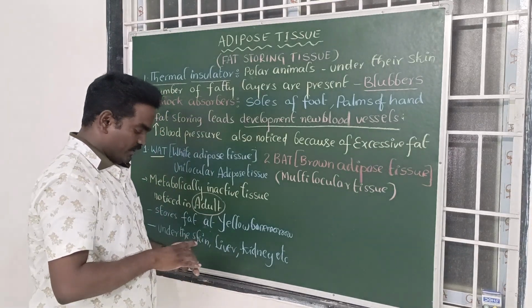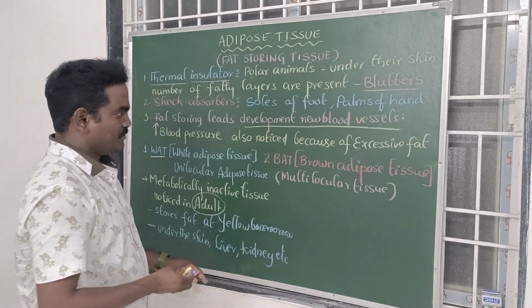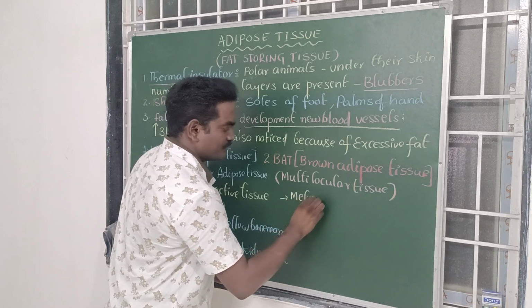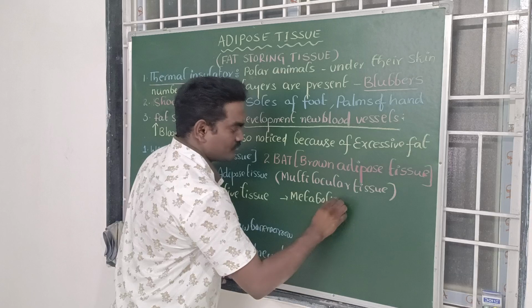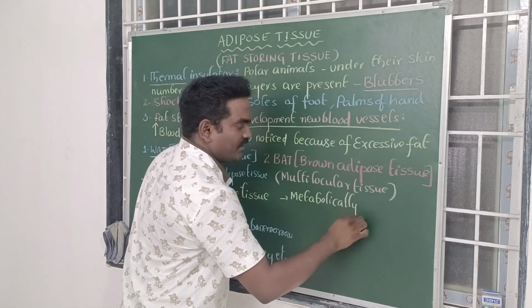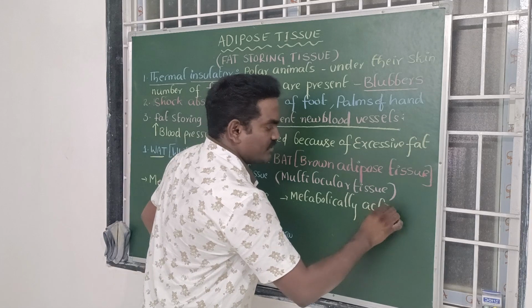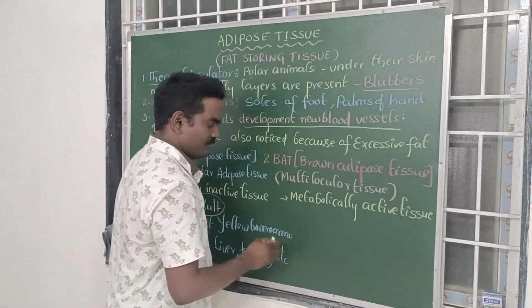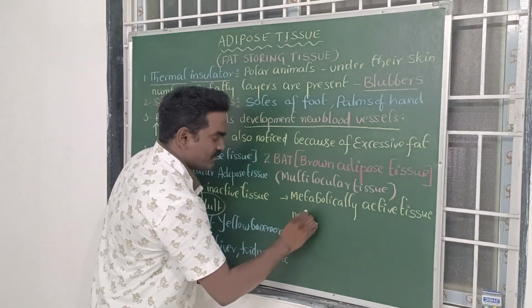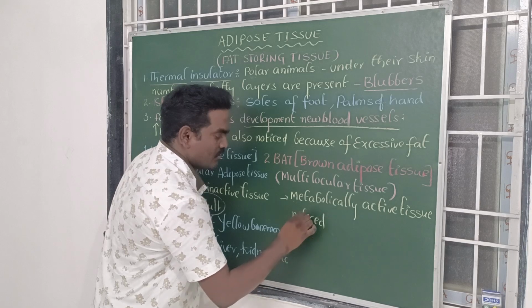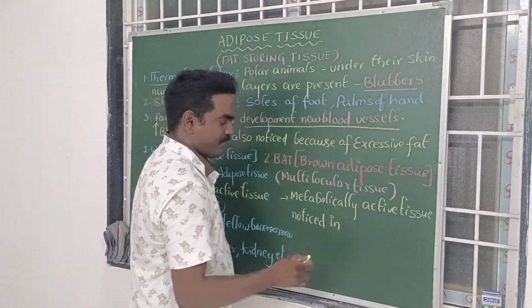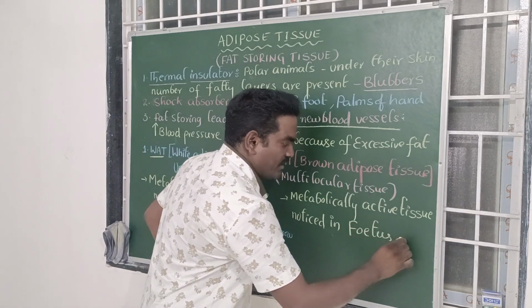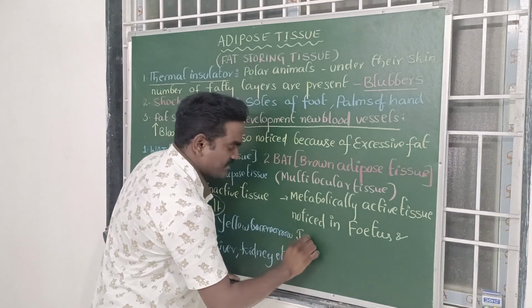Then coming to brown adipose tissue, it is a metabolically active tissue. This metabolically active tissue is noticed in fetus and infants.